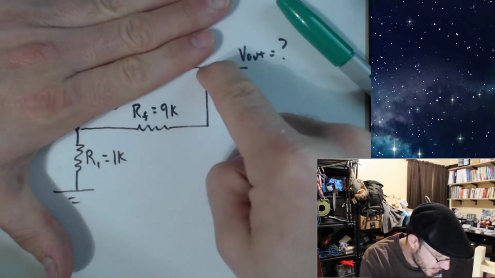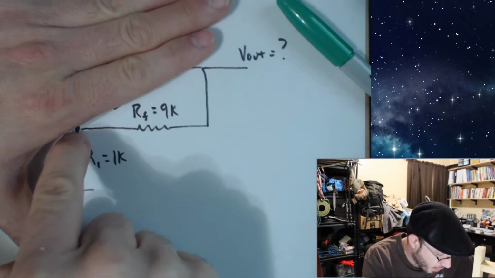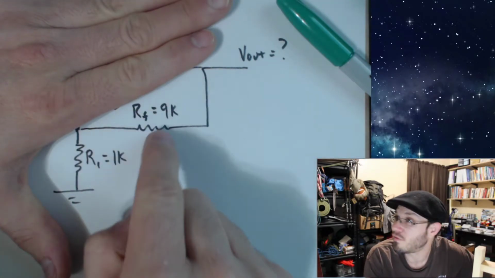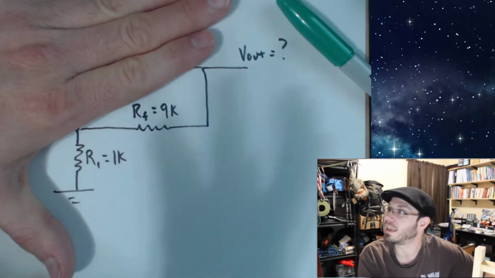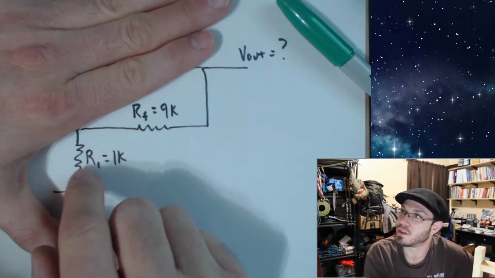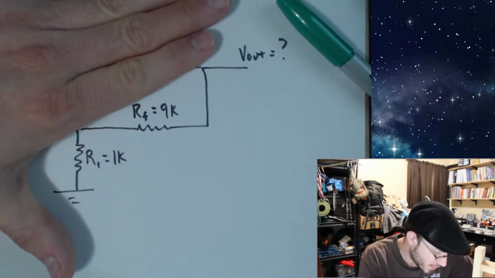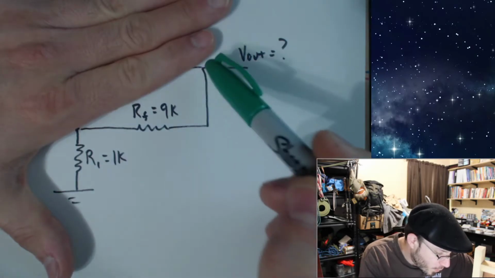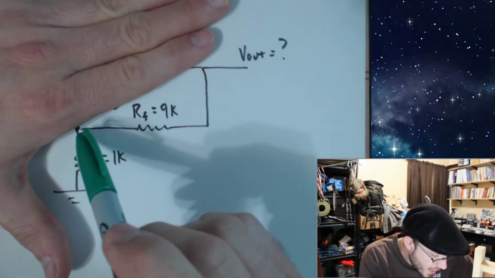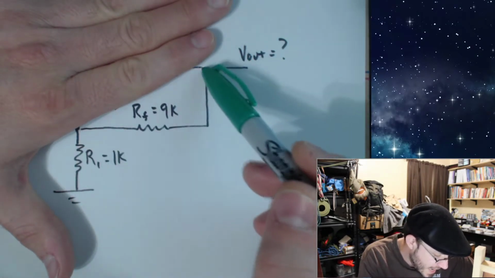And so you can think of this as V in, you can think of this as V out, and I guess RF would be your R1 if you're looking at the classic voltage divider equation. R1 would be R2. So we know we're going to get some voltage here that's proportional to our V in.